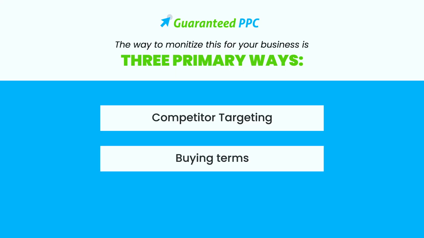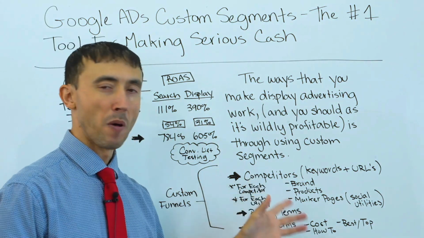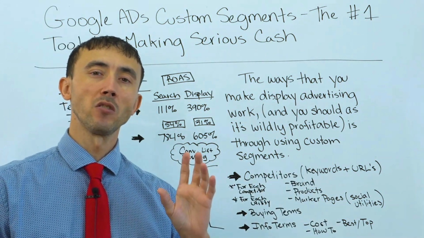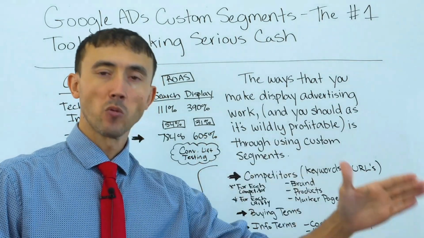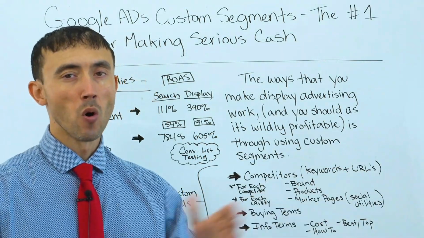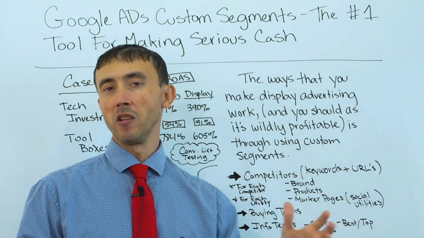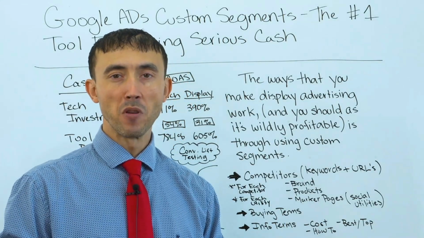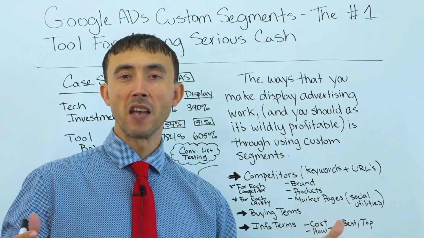Second to that is buying terms. And the reason why the competitors are better than buying terms, as I'm going to explain here, is because when somebody's already looking at a specific model, say a DeWalt drill, they're a really, really good prospect. It doesn't take much to nudge them over to you and buy from you, because they're already going to buy from that or somebody else like it.